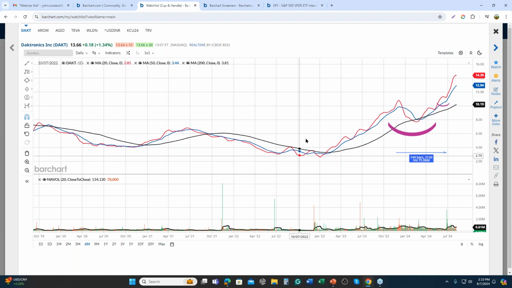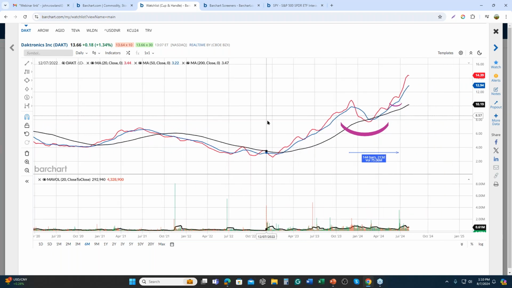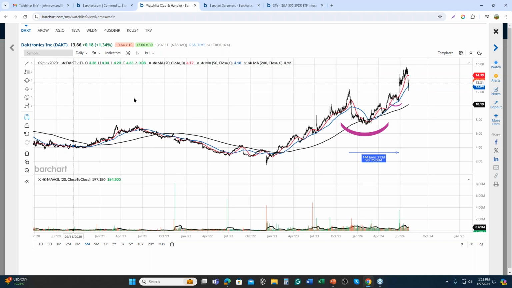You can see that cup action, supported by a higher time frame moving average, and then our little handle action as well. So that is one of the reasons why we want to use moving averages to help us with looking at our potential cup and handle structure.